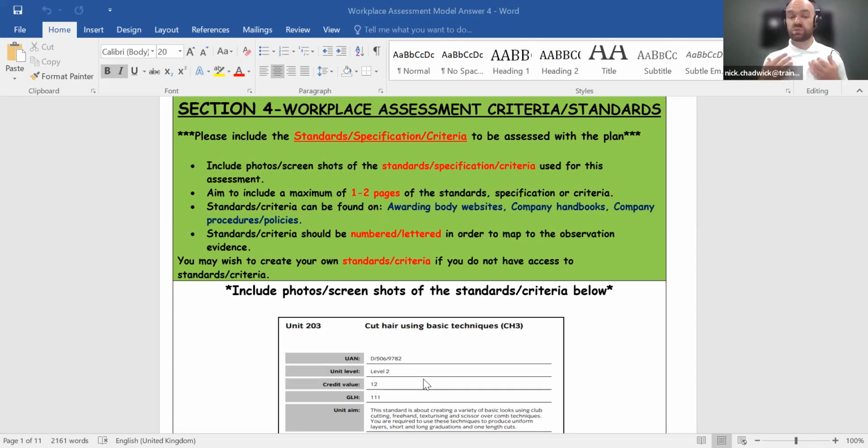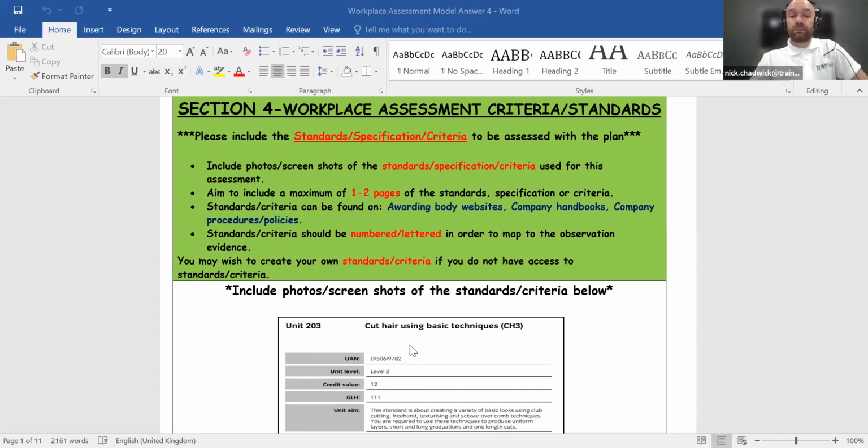So as assessors, we need to have something in front of us to use as a guide. So when we're observing the learner, we can look at this set of instructions, this criteria, and we can say, yes, they are following their role correctly. So that is what the standards or criteria is. It's all about a checklist of how to perform your role correctly.